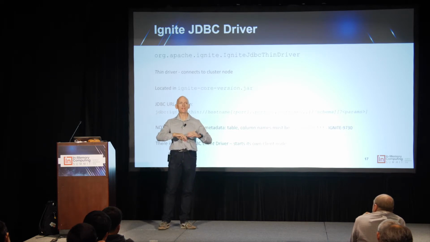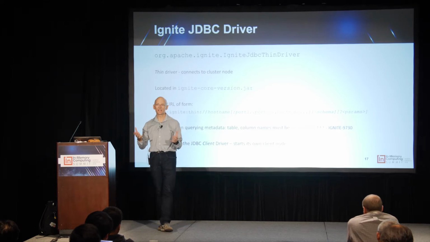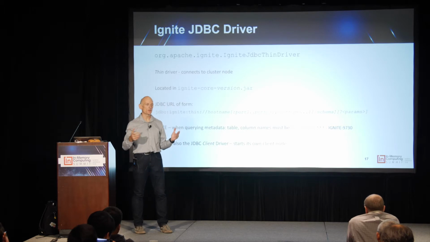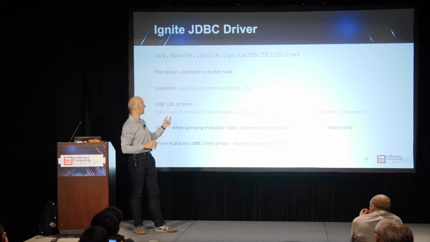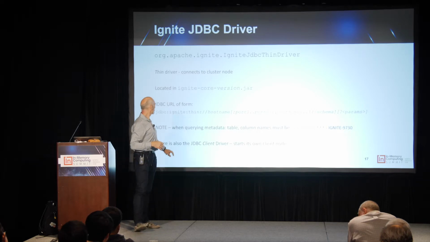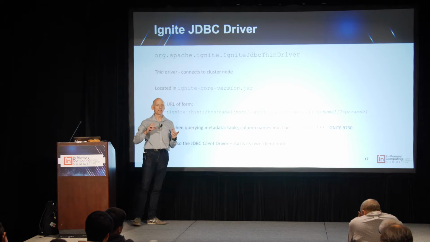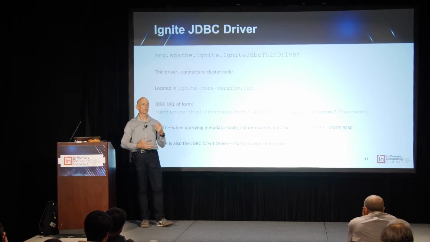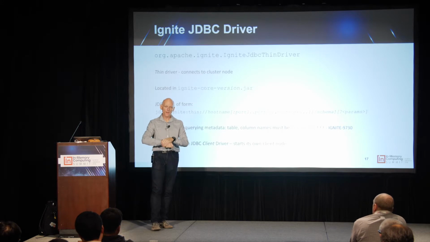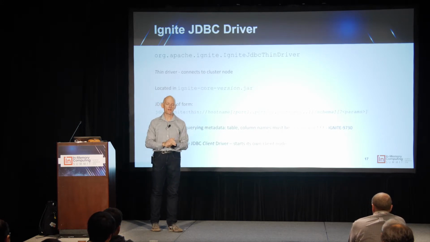So you don't have any kind of local copy of the data in your application. It's all just queries via the wire. And you need to bring in the Ignite core, whatever version .jar, and then use the JDBC URL. You say Ignite thin, and then you can give it the host name, the multiple ports, multiple host names, the schema, and so on. So there were some gotchas I discovered in this process.